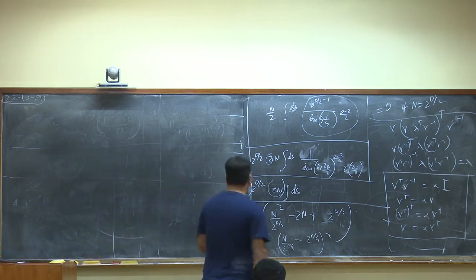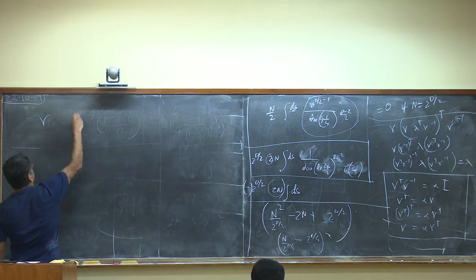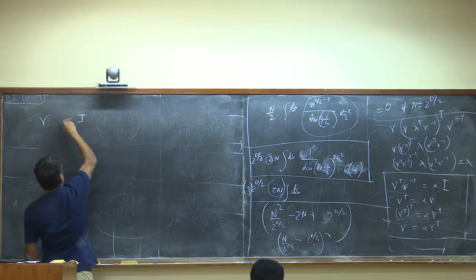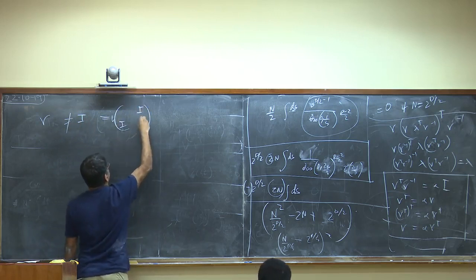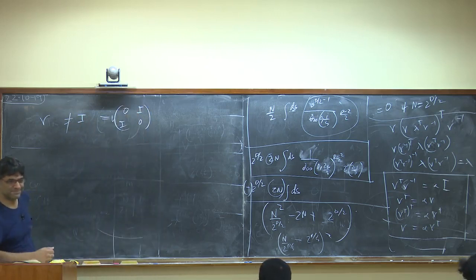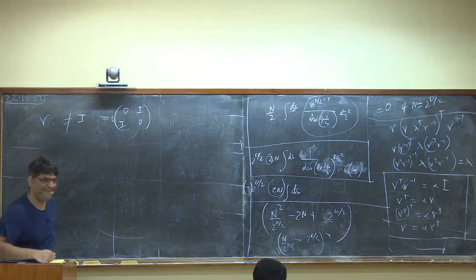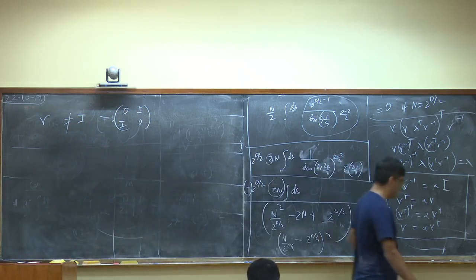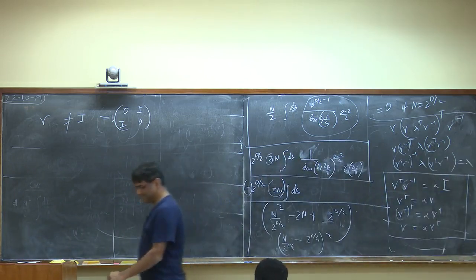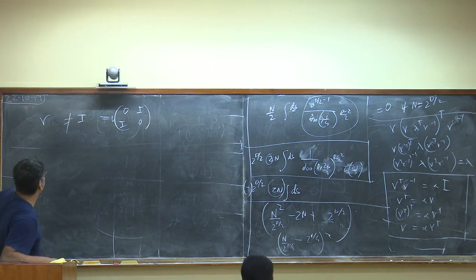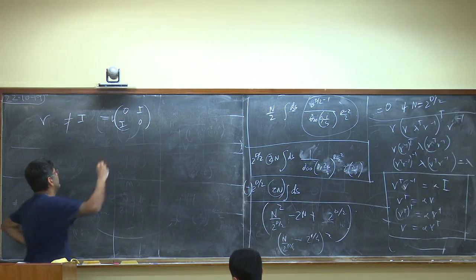Namely, if gamma was, instead of being identity, not equal to identity, but was instead this symplectic matrix, I 0 0, minus I. One of the antisymmetric, the lower one is minus I. Thank you. Yes, exactly.